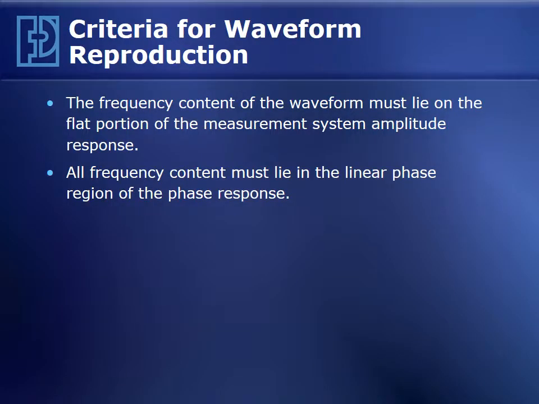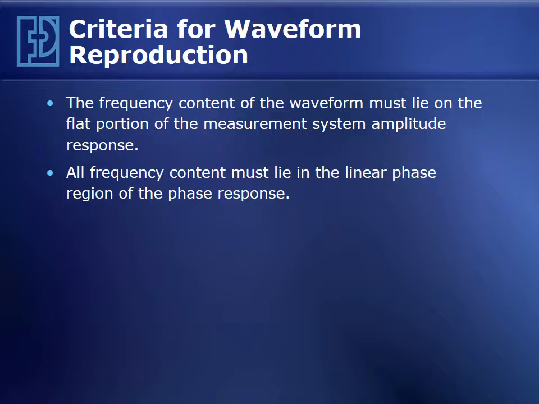So given that we have a measurement system and we want to faithfully reproduce a wave shape in the time domain, what criteria should we use in setting up the transfer function of our measurement system? Well, there's 2 criteria that we've talked about.